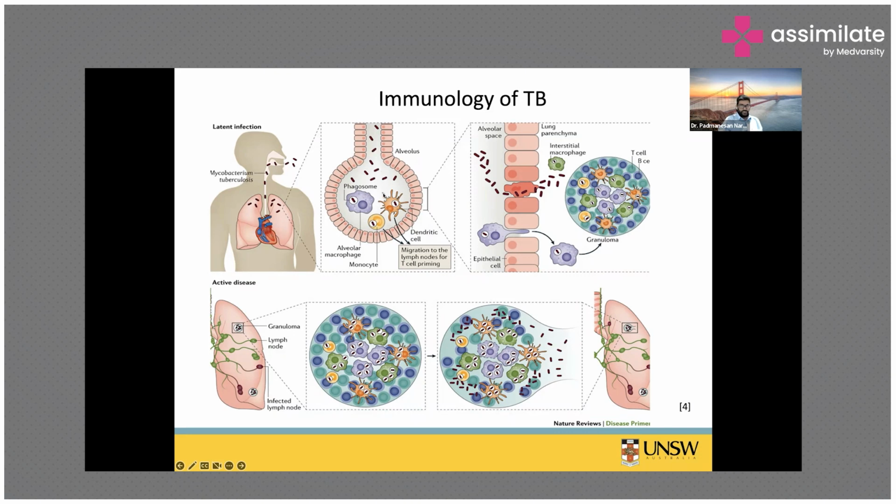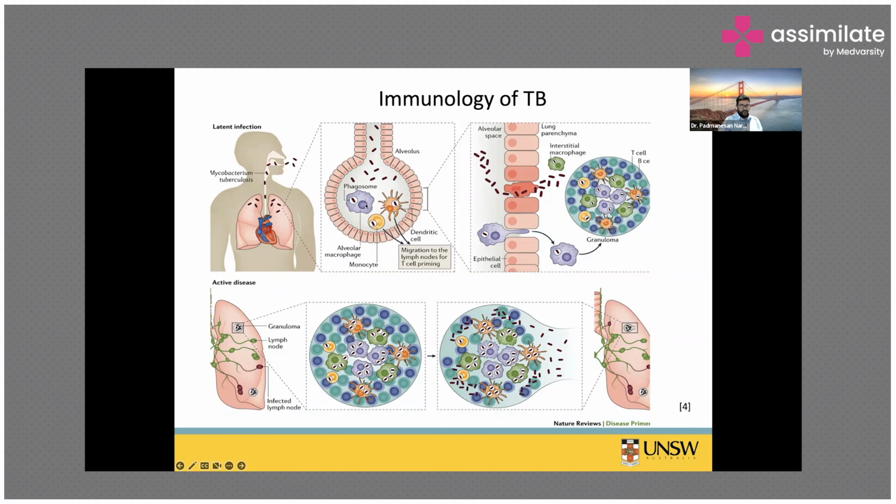Once it goes into the lungs, it goes into your alveolar sac. The first line of defense is usually your alveolar macrophages and then the phagocytes. They try to control the TB infection, which you can see as pink or dark purple rods, and they form a kind of shell.